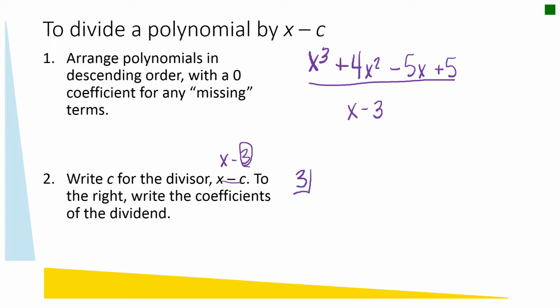And then to the right of that, we'll write the coefficients of the dividend. So this is our dividend, and we're going to write those coefficients. x cubed has a coefficient of 1. 4x squared, the coefficient is 4. Negative 5x, the coefficient is negative 5. And the constant, then, we have 5.